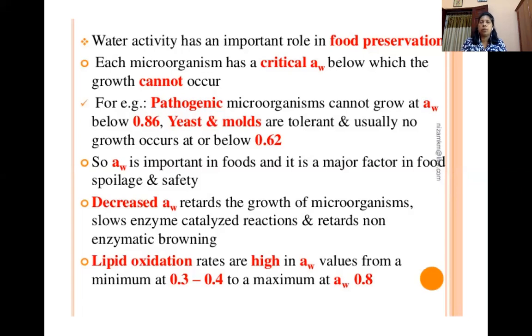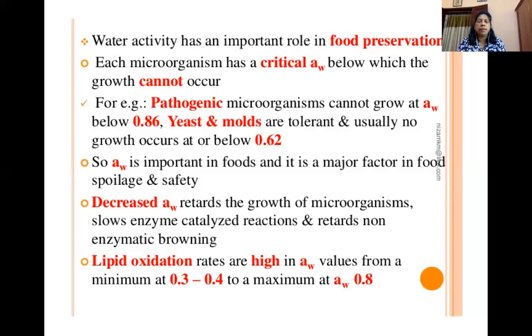In the case of microorganisms, it is also the same. If the water activity is very supportive for them, then they grow a lot, and finally the product is not microbiologically safe. Therefore, decreased water activity retards the growth of microorganisms, slows enzyme-catalyzed reactions, and retards non-enzymatic browning.